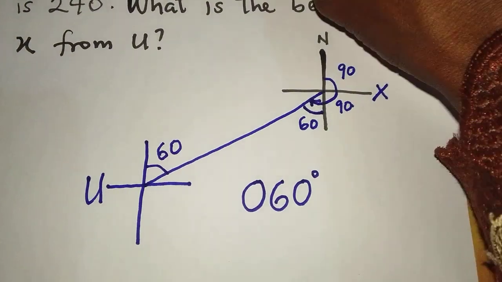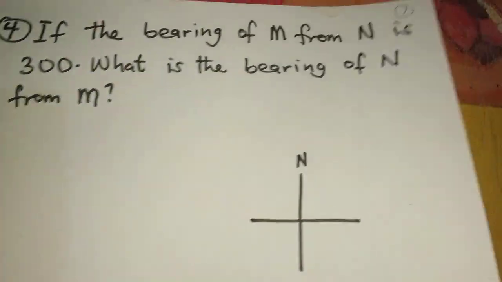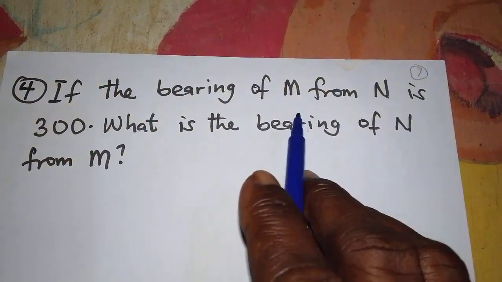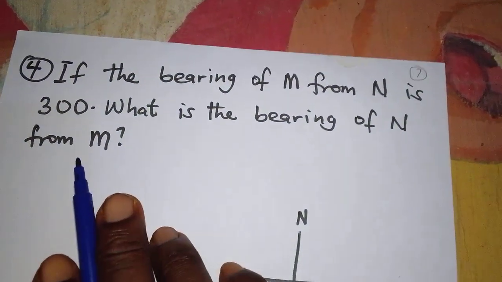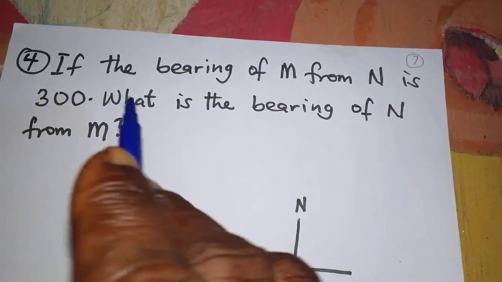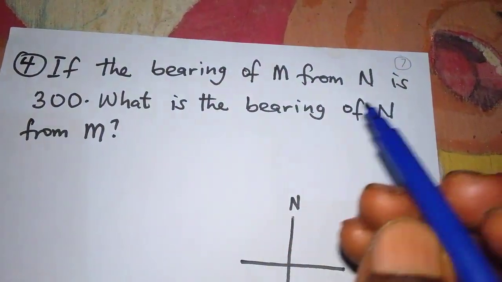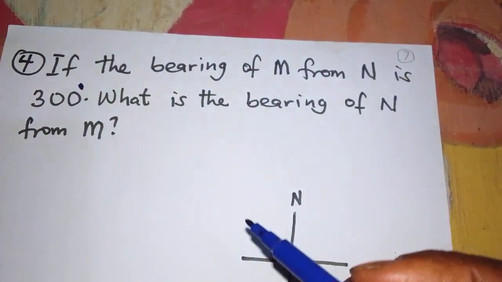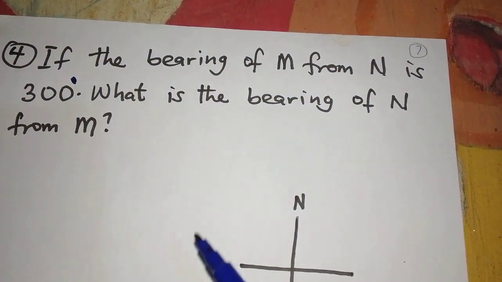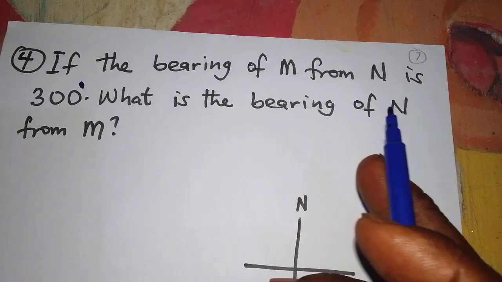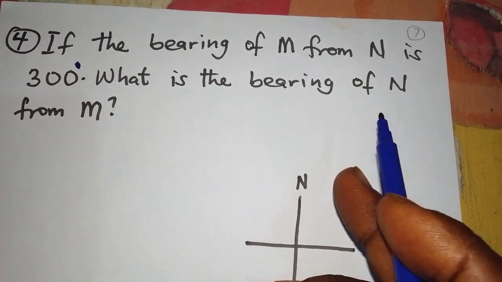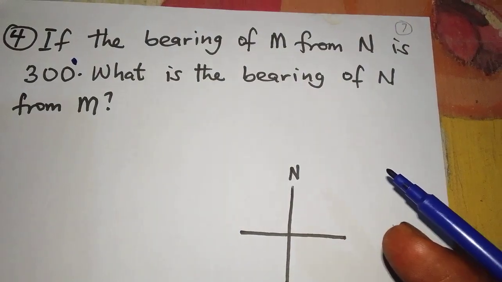Now let's have another example. If the bearing of M from N is 300 degrees, what is the bearing of N from M?